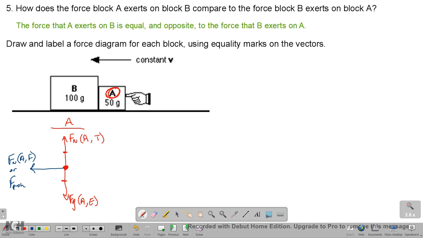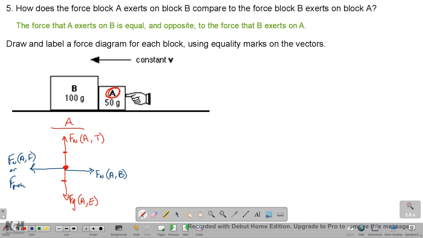All right, now we've got to think about the forces that are preventing A from moving or opposing A's motion. And there are two of them here. The first one that we have would be another normal force, which would be the force exerted on object A by box B. So they're in contact. B is pushing back on A. We just answered that in the last question, so that has to be there.